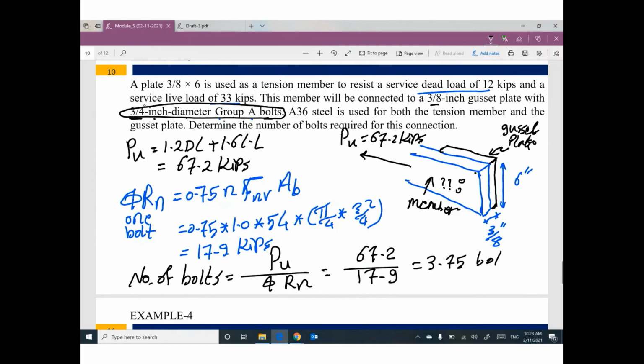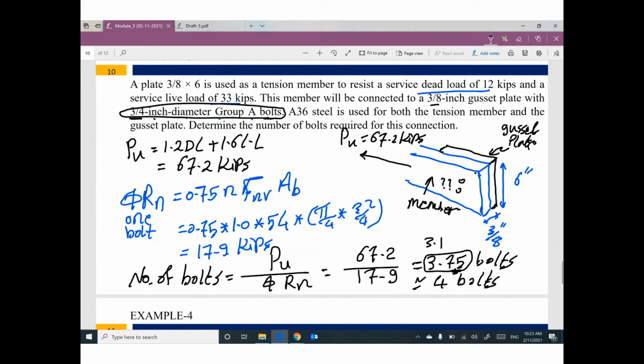Do you think the number of bolts can be a decimal? No. So do I round this number down or up? Sure, up, to 4 bolts. Even if this number is 3.1, it must be 4. I cannot go below 3.1.